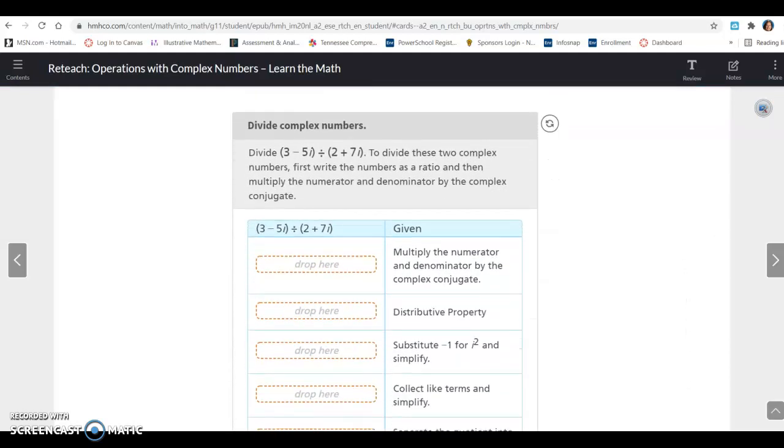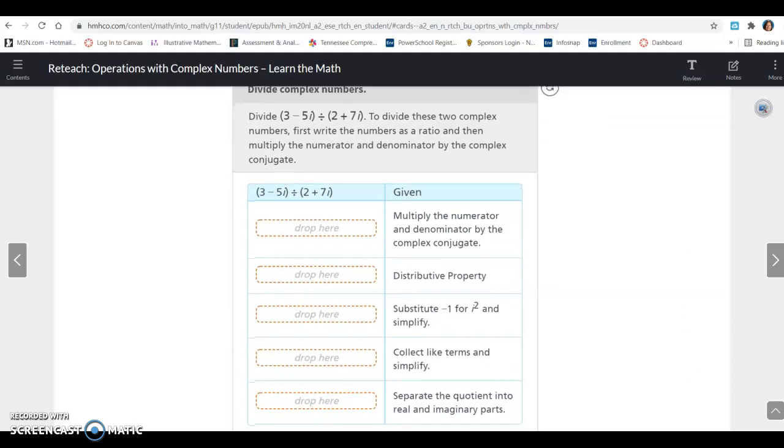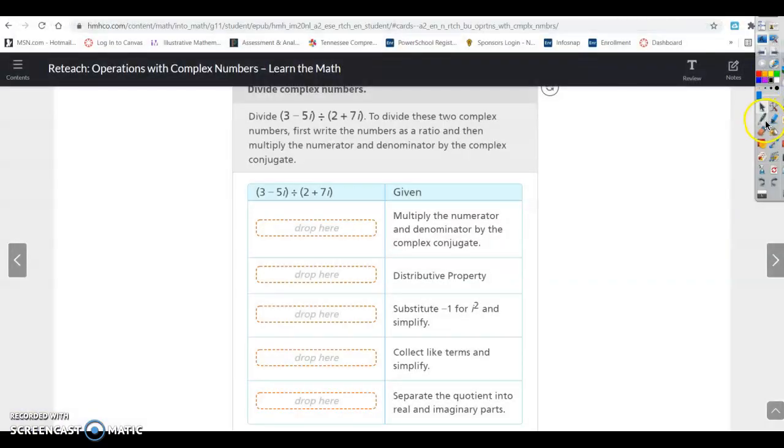All right, and dividing, this is when you're going to use your complex conjugates. So to divide two complex numbers, you've got 3 minus 5i, and I'm going to divide that by 2 plus 7i. To divide these complex numbers, first write the ratio and then multiply the numerator and denominator by the complex conjugate. So let me pull my screen up here to where I can write on this. I think it will be easier if you can see this worked out.